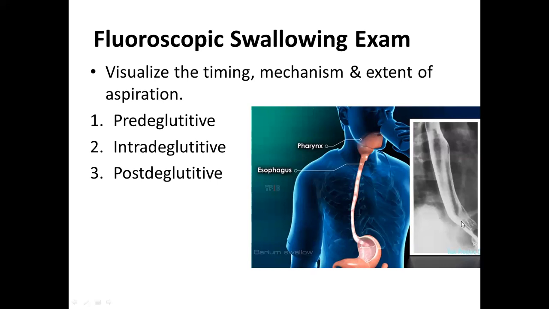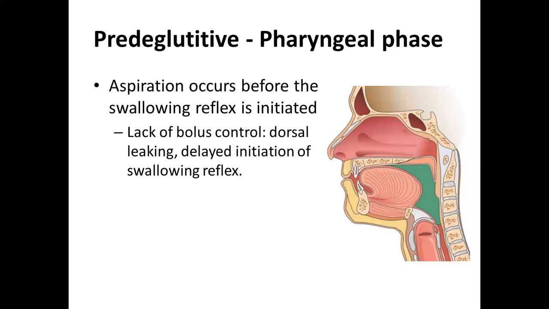So this is normal in the outline of the esophagus. But if there are problems like a stricture or muscles pressing on it, we might see obliteration of the esophageal wall. This is just a demonstration of aspiration in the deglutitive phase, the parapharyngeal phase.